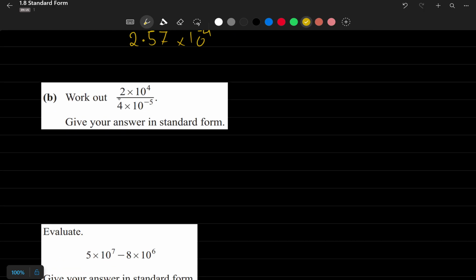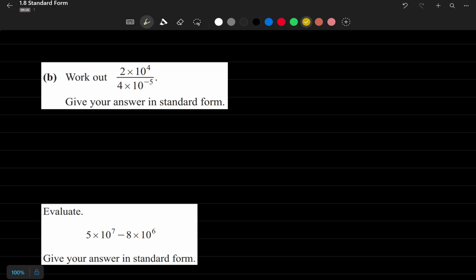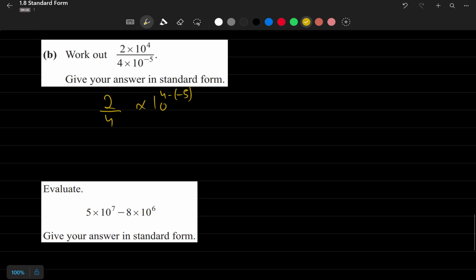Okay, now we have a division question, and in the case of division we simply write 2 divided by 4, and for the powers we just subtract them. So 4 minus 5. Okay, so 2 divided by 4 gives you 0.5 into 10 raised to power 4, minus minus becomes plus, so 4 plus 5 gives you 9.